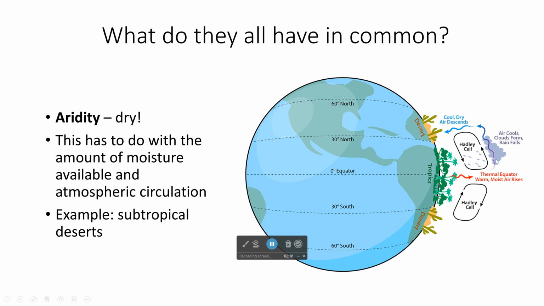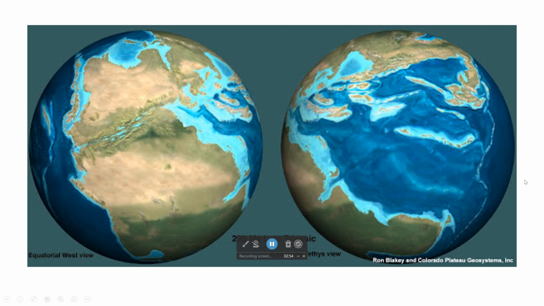As they're circulated, they lose their moisture as precipitation, which really makes the tropics very tropical, right? That's how we get our thriving plants and biodiversity there. But as it moves further north and south, that air loses its moisture, it cools, and that cold, dry air descends in a low pressure system. That descending air is what causes our deserts at around 30 degrees north and south latitude to form. There's just absolutely no moisture left for them to have. And that's just one way that our deserts form.